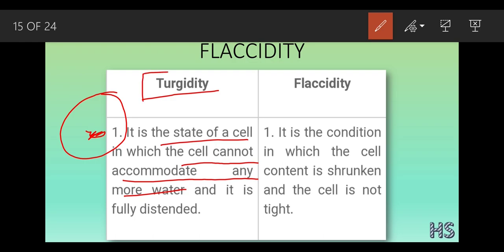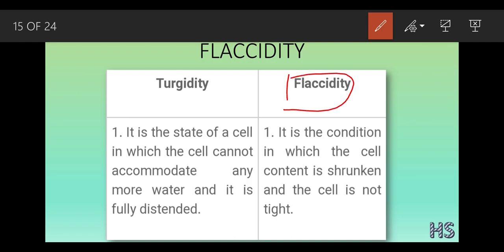This condition is called turgidity. Turgid means getting swelled up. Why is it not going to take much water? Because here the turgor pressure is more than the wall pressure. Let's understand the second condition, that is flaccidity.